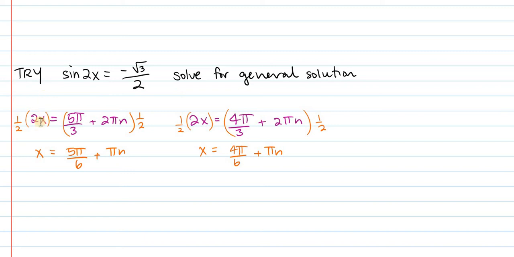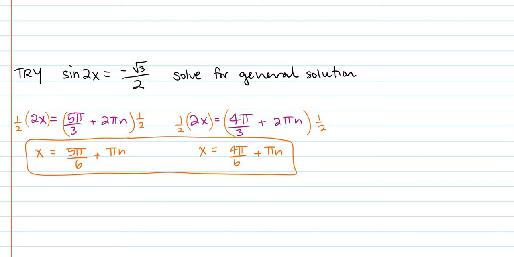So we set each of those equal to 2x, so 2x equals 5 pi over 3 plus the domain, or 2x equals 4 pi over 3 plus the domain. We divide by 2 on both sides, and we end up getting these two final parts as our solution.